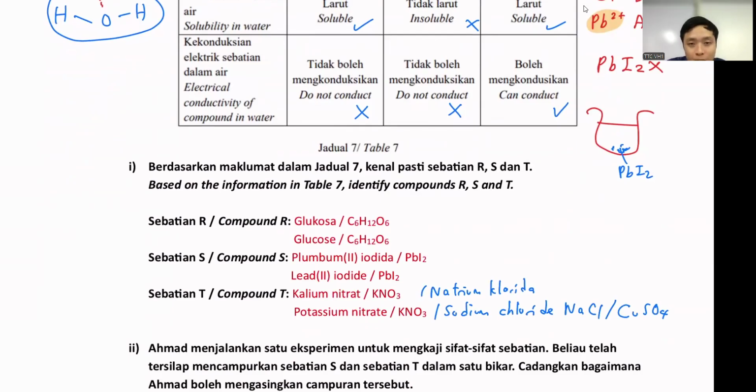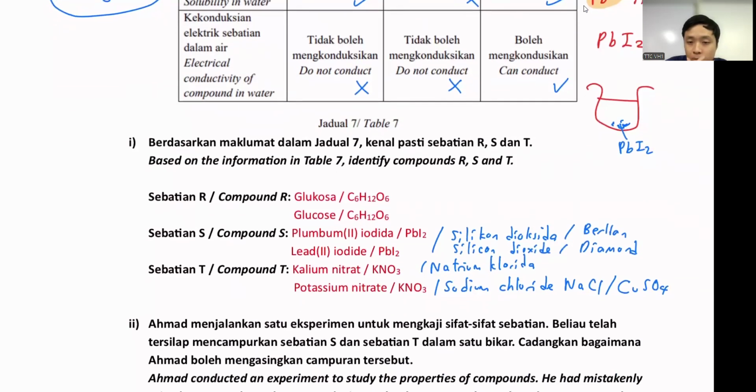I know it's a bit complicated, but I just want to explain why the answer scheme sometimes is like this. Of course, you have silicon dioxide also, which can be accepted. In English it's called silicon dioxide, or even diamond. You can also talk about the giant covalent molecule, which is possible.